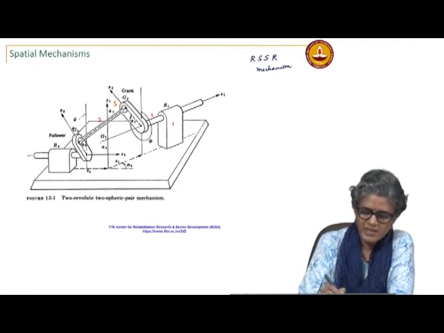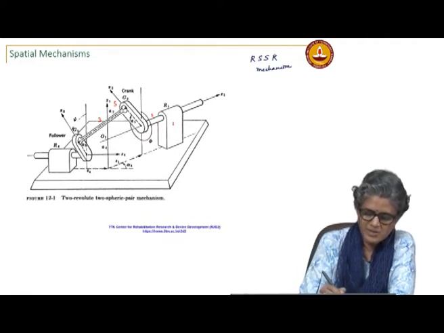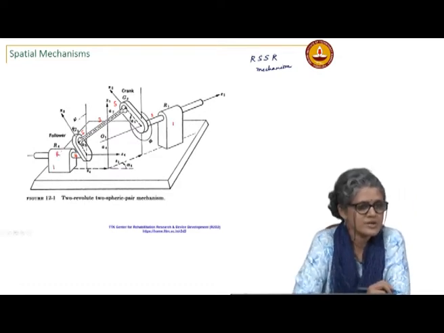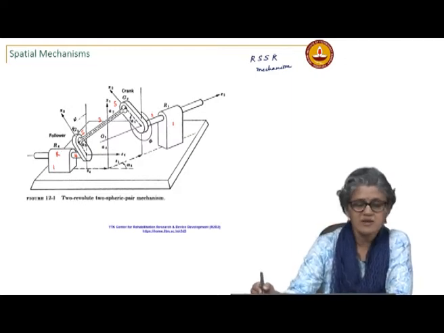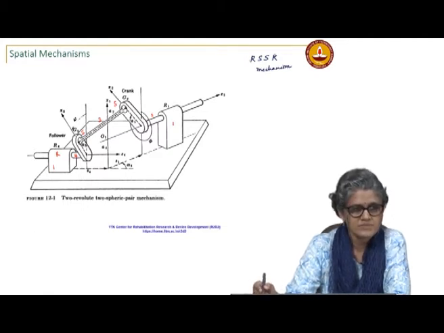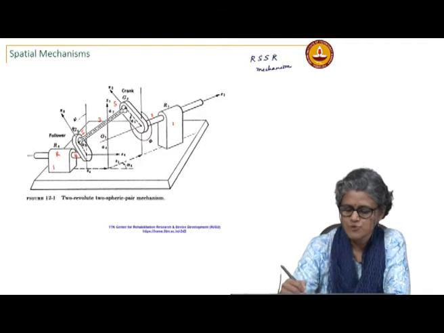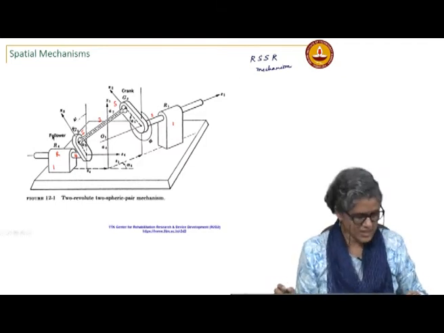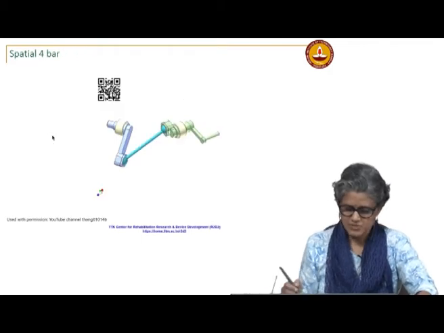Then again the joint between 3 and link 4 is also a spherical joint, and then 4 and 1 is a revolute joint. So, this would be typically referred to as an RSSR mechanism. It is a spatial 4 bar. I think I have a video of that. Let me show you that.